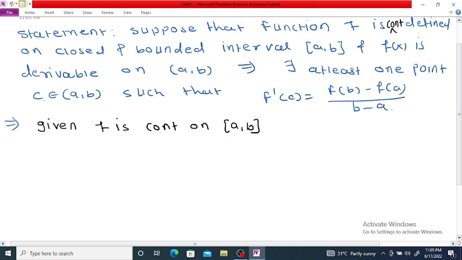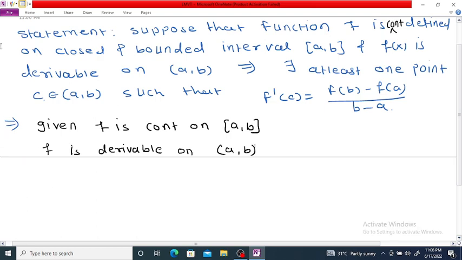This is one thing given. Second, f is derivable on the open interval (a, b).